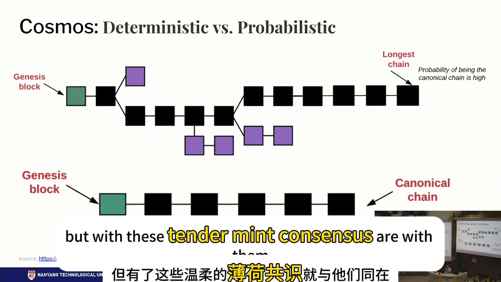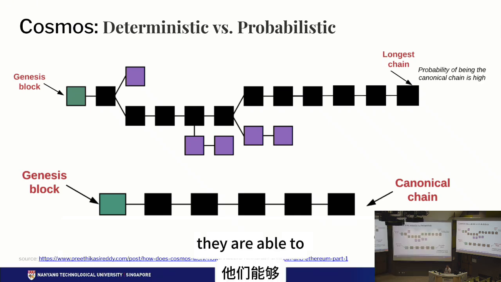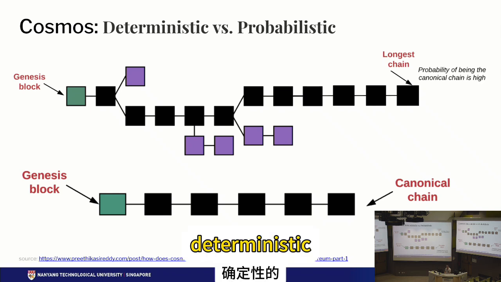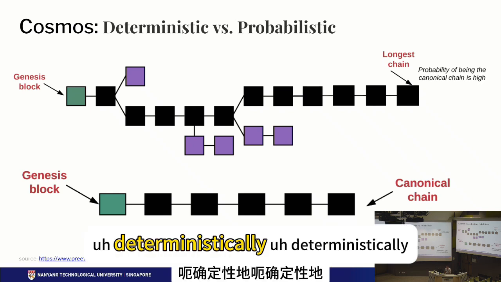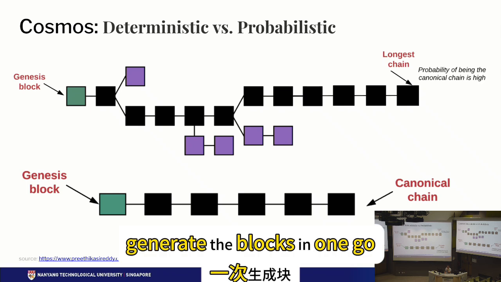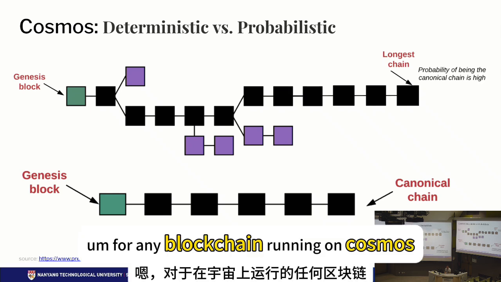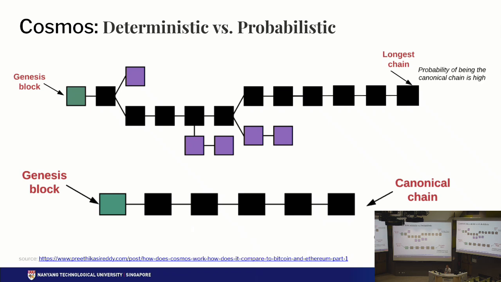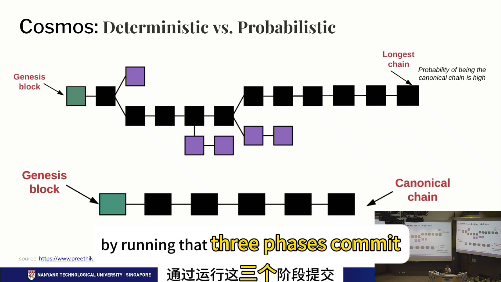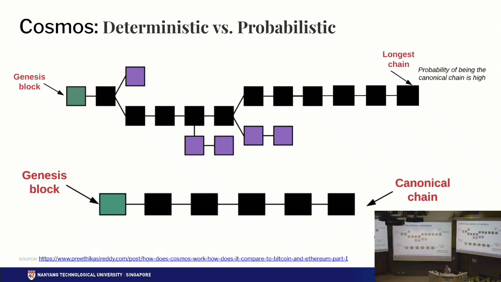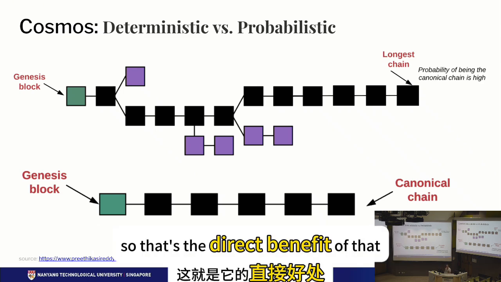But with the Tendermint consensus algorithm, they are able to deterministically generate blocks in one go, and there's no way for any blockchain running on Cosmos to have a fork, by running that three-phase commit. That's the direct benefit.